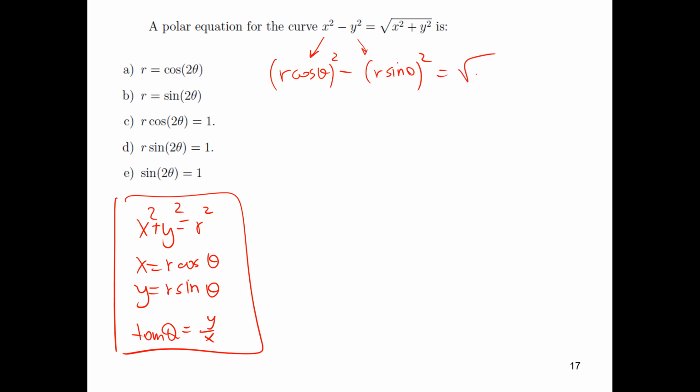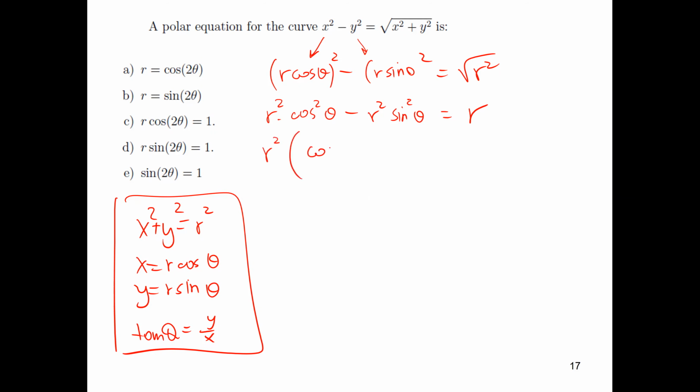X squared plus y squared is just r squared. Let's distribute: r squared cosine squared theta, r squared sine squared theta. And this is just r, assuming that r is positive, of course. We can factor out cosine squared theta, sine squared theta, r, and I can divide by r, then I will have only r and 1.